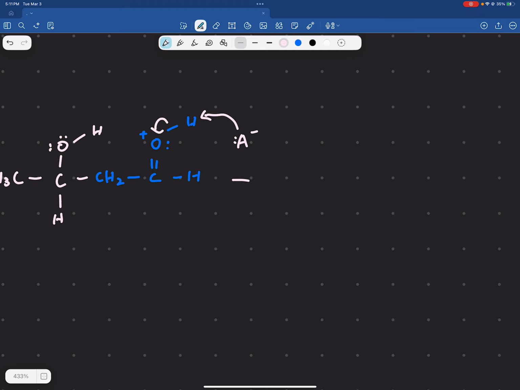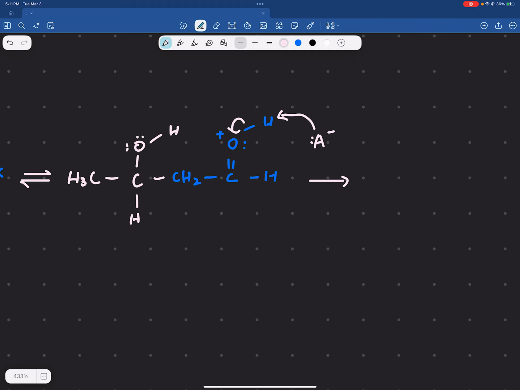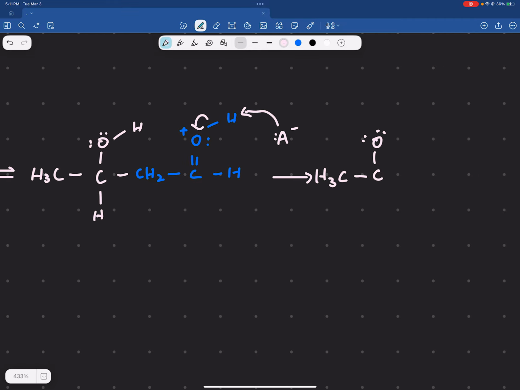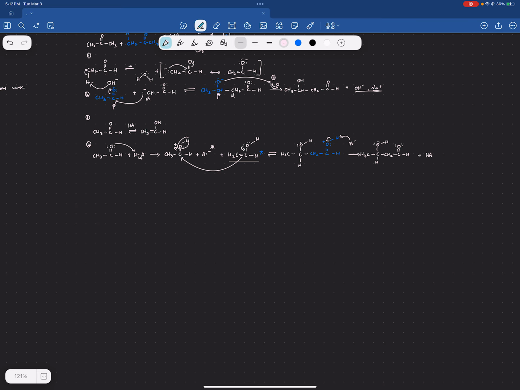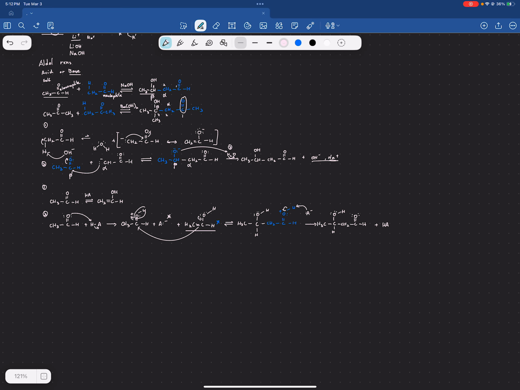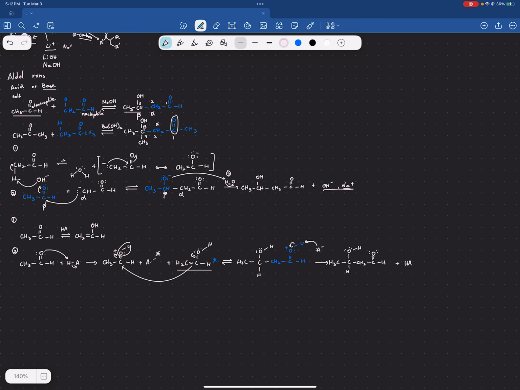And this is going to give us our Aldol product here. And it's going to give us our acid back. So those are the two mechanisms of acid or base catalyzed Aldol reactions.